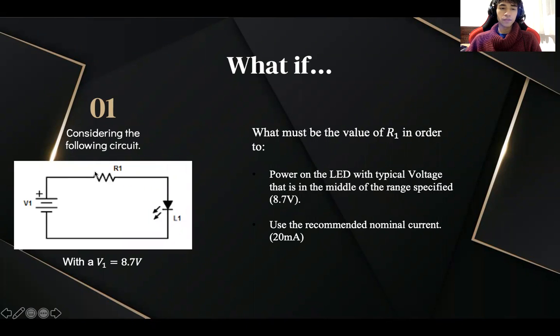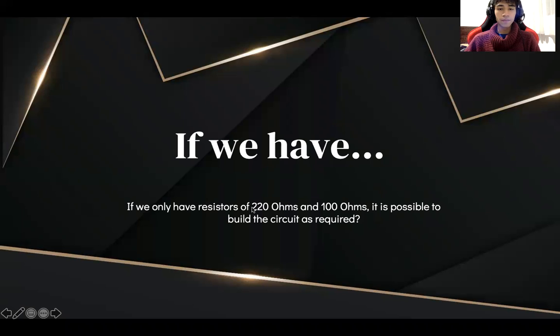If we put the R1 here and the R2 right there with a value of 220 ohms, yes. But if we only have a resistor of 220 and another of 100 ohms, it's not possible, and the LED will get damaged.